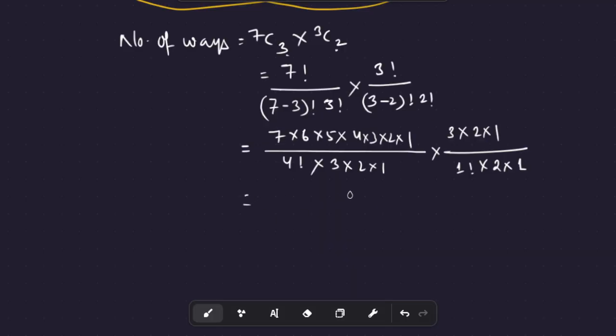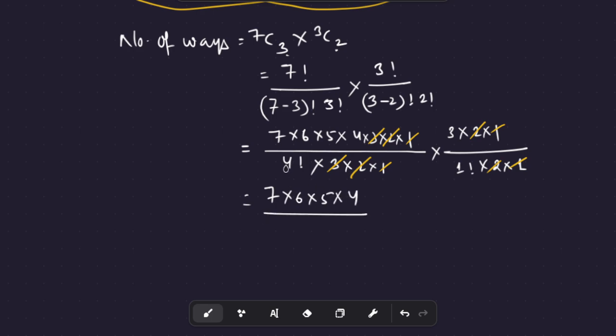Now we can cancel. 2 cancels with this 2. 1 can also be cancelled. 3 cancels with the 3. Now 7, 6, 5, 4 are left.